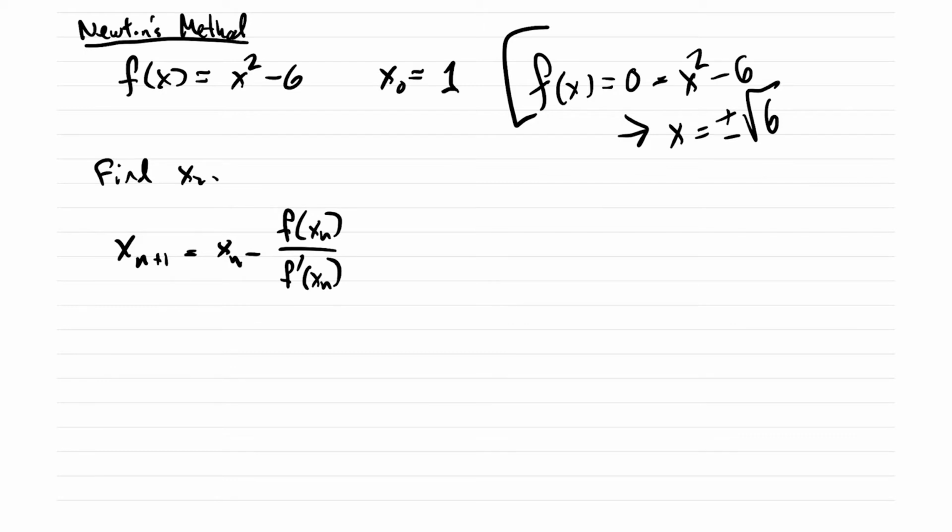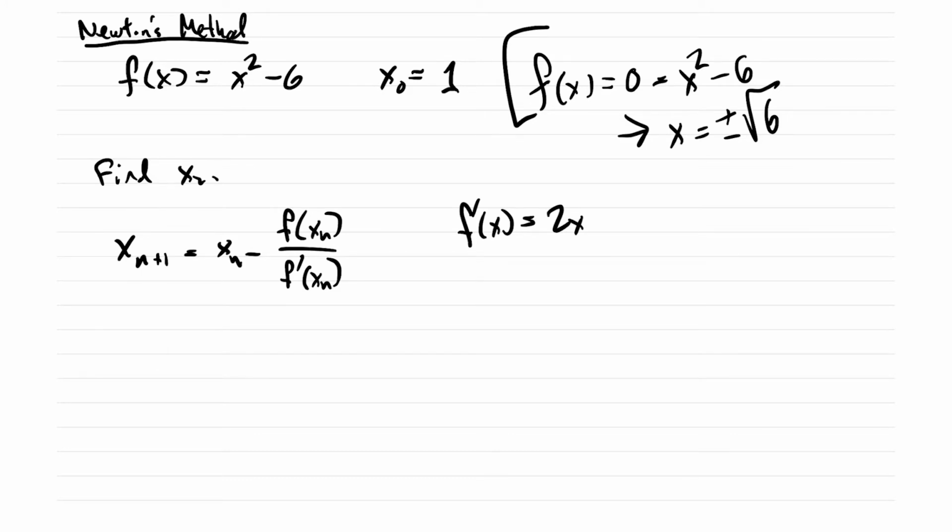And if you can't remember, this should all come down to a linearization, but we can go ahead and use this formula. We have f, but we need to find f prime. So f prime of x should be equal to 2x, right?